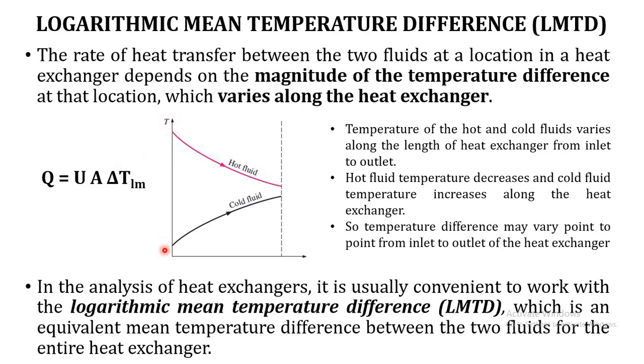Let's take a parallel flow heat exchanger. This is the temperature profile of a parallel flow heat exchanger. You can see the hot fluid temperature decreases continuously from inlet to outlet. At the same time, the cold fluid temperature increases continuously from inlet to exit.